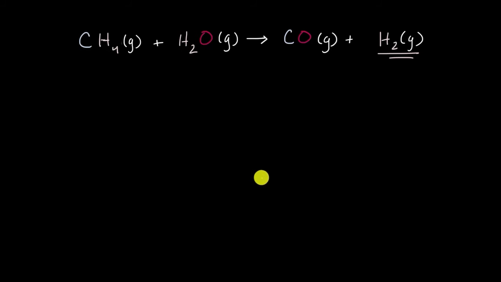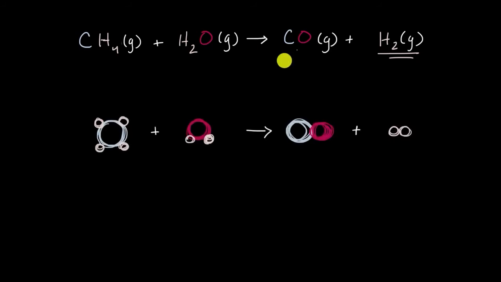All right, now let's work through this together. And actually, to help us visualize, instead of just writing it in this form, I'm also going to try to visualize the various molecules. So this right over here is a methane molecule. You have one carbon that is bonded to 4 hydrogens. You can see that up there, CH4. Here we have a water molecule.